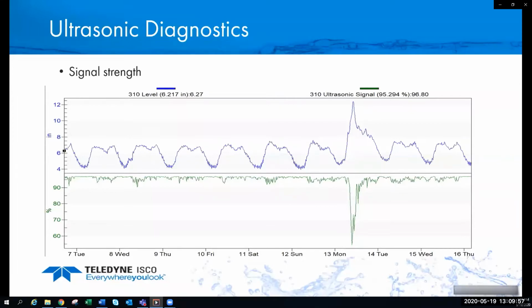And then after that event passed, it went back to our normal reading. The takeaway from this is that you want to look at the trends to see what happens during these events. Before it was at 95%, and then after the event, it went back to 95%. It tells me that there's no need to go back and clean the site out because everything has gone back to normal.